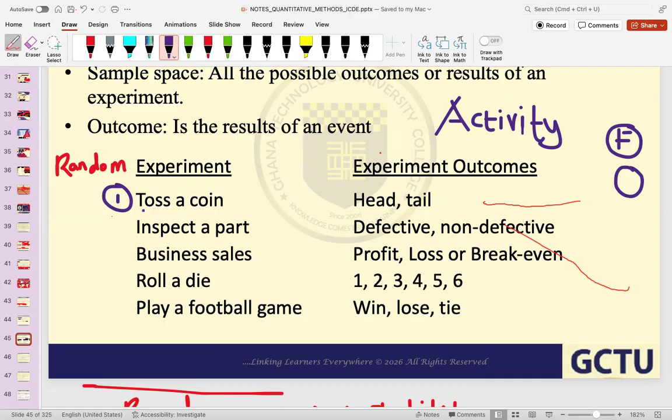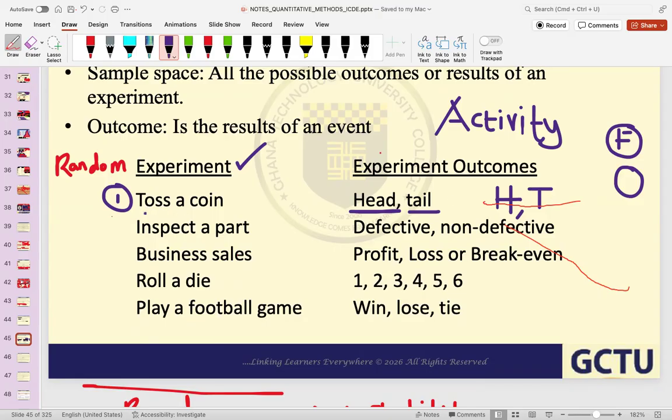Now, when you are tossing a coin, we say you are performing a random experiment. Why? Because you do not know the results until the coin falls on the ground. When the coin falls on the ground, the initial part, which is the front part, is called the head, which sometimes we represent as H, uppercase. And then the other side is called a tail, which sometimes we also represent as T, uppercase.